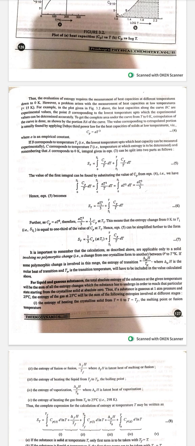Thus, the evaluation of the entropy requires the measurement of the heat capacity at different temperatures down to 0 K.